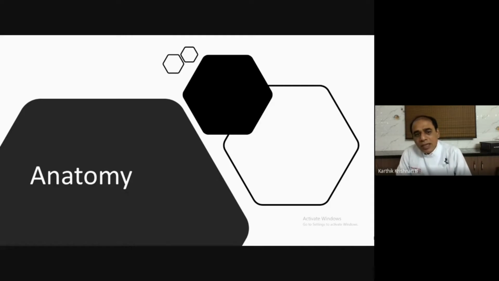So, under this anatomy, we are going to study the different parts of the teeth, the different types of teeth and their various functions, the timing of when they come, the eruption sequence, and other basic knowledge about the teeth.